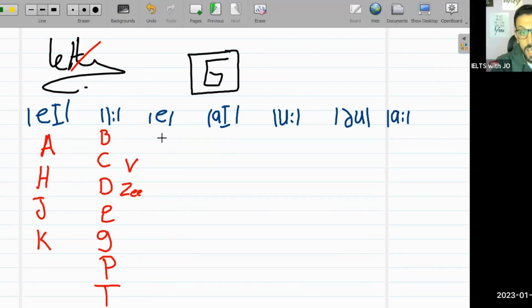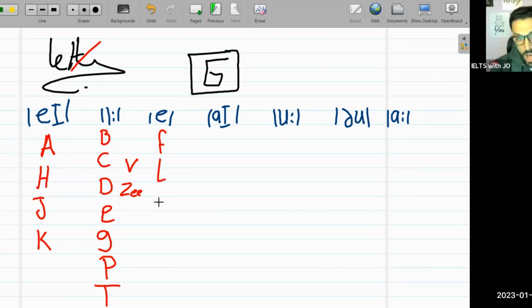Okay, the next one is F. Your upper teeth touch your lower lip. F, F, F. I'll talk about the utterances in the next session, inshallah. So F, what after F?